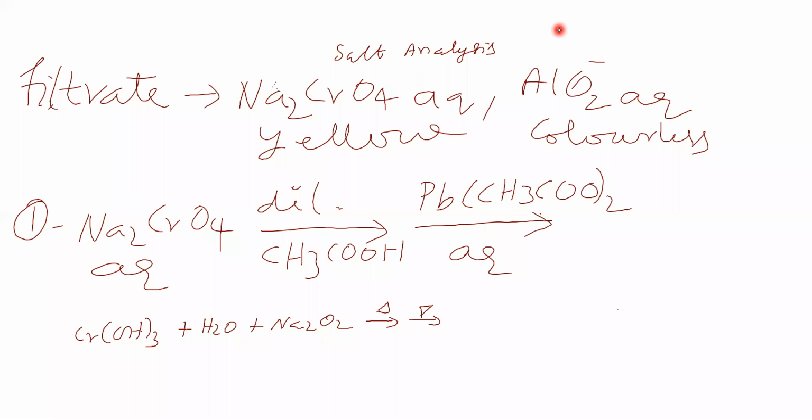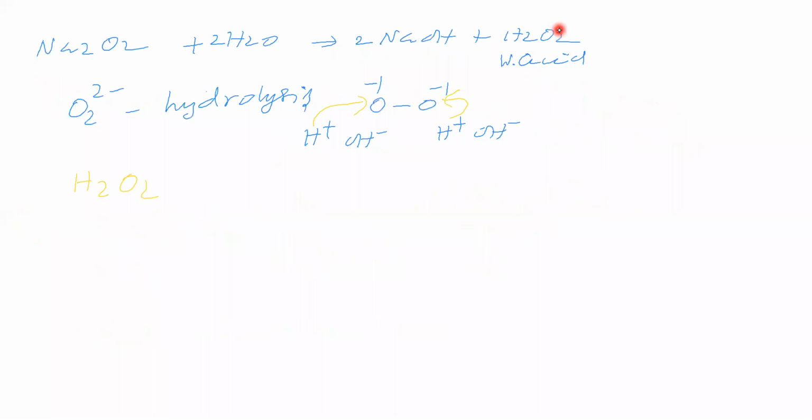Now hydrogen peroxide is there. This hydrogen peroxide undergoes reduction. That means this O minus takes an electron and becomes O2 minus. O2 minus with H plus becomes OH minus. Similarly, this O minus takes an electron and becomes O2 minus, and takes H plus to become OH minus.